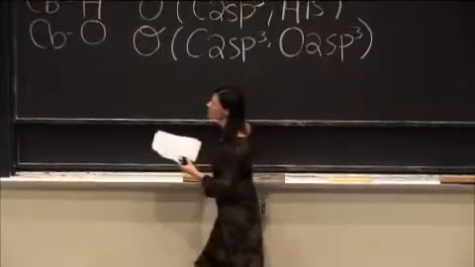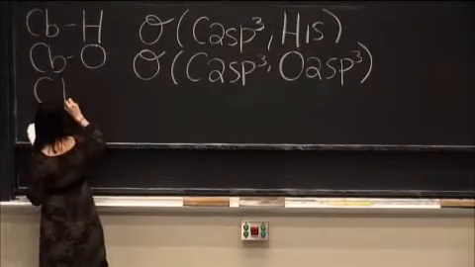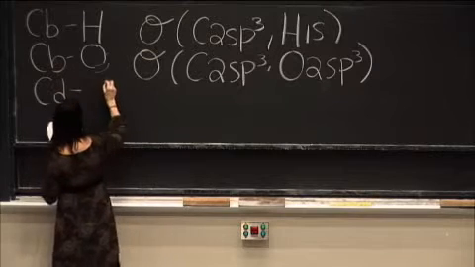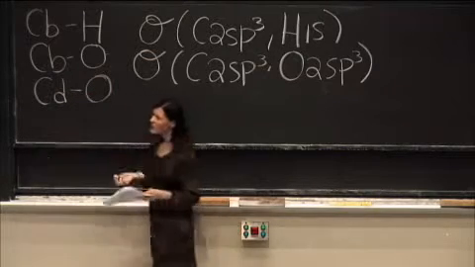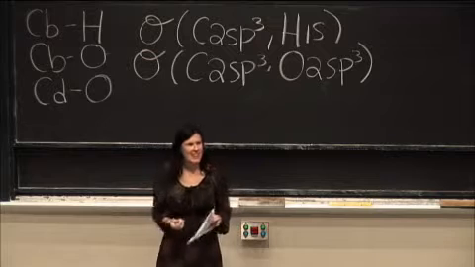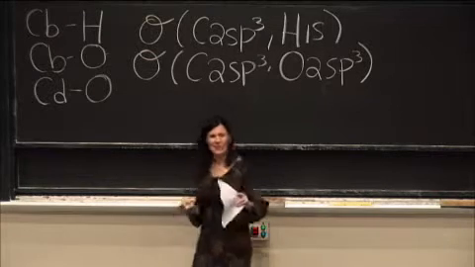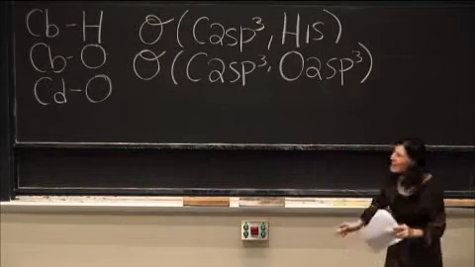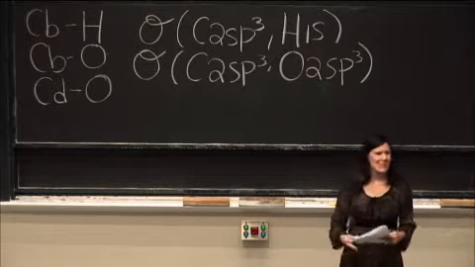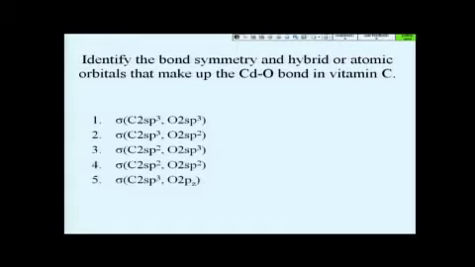So let's skip to a different carbon now. Let's talk about carbon D, specifically the carbon D oxygen bond. So let's do a clicker question for this one. Let's get into the 90s, if you don't mind. This would be very good to do. It'll make me feel better about you finishing your problem sets tonight. So if you talk about the symmetry and the hybrid or atomic orbitals that contribute, we're talking about the carbon D oxygen bond.